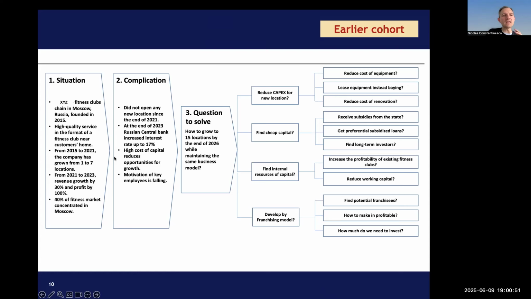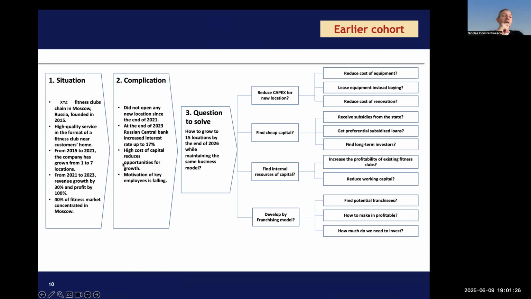And then there is a little bit of uncertainty within the question around what "maintain the same business model" means. Hopefully that is clarified in the PDT, but right now, as it is, it's a little bit unclear. A small question here. Do we know the details of the business model at all, right?